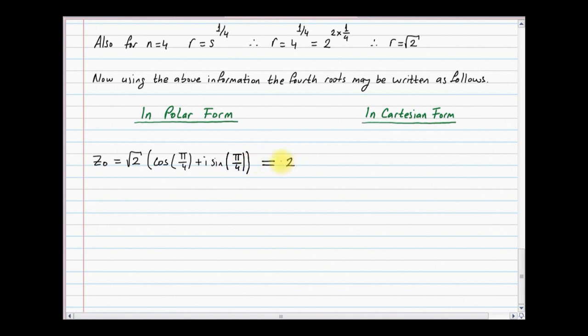This is equal to square root of 2 times (1 over square root of 2 plus i times 1 over square root of 2). And this is equal to 1 plus i.